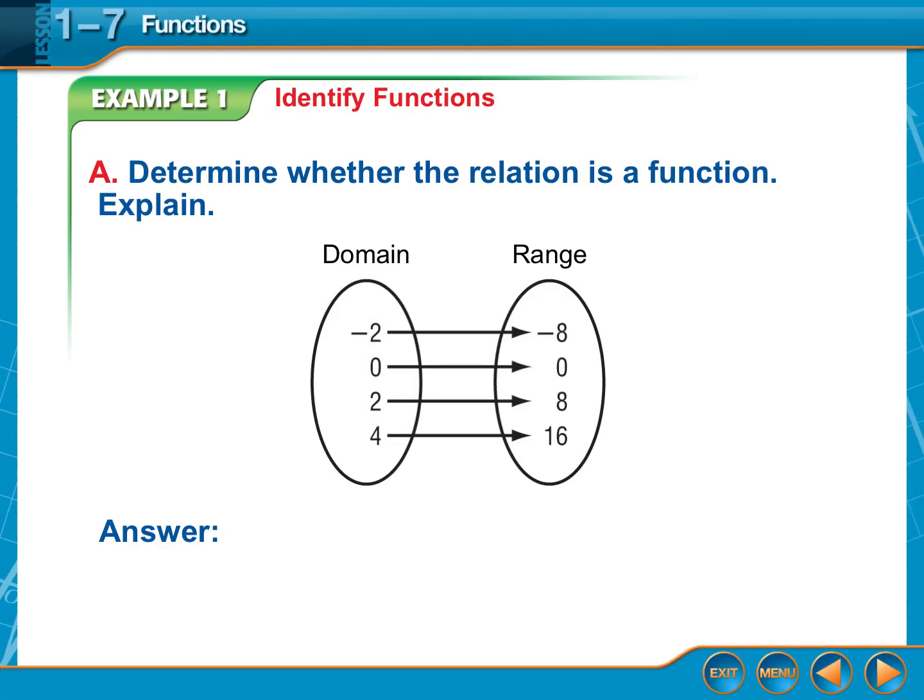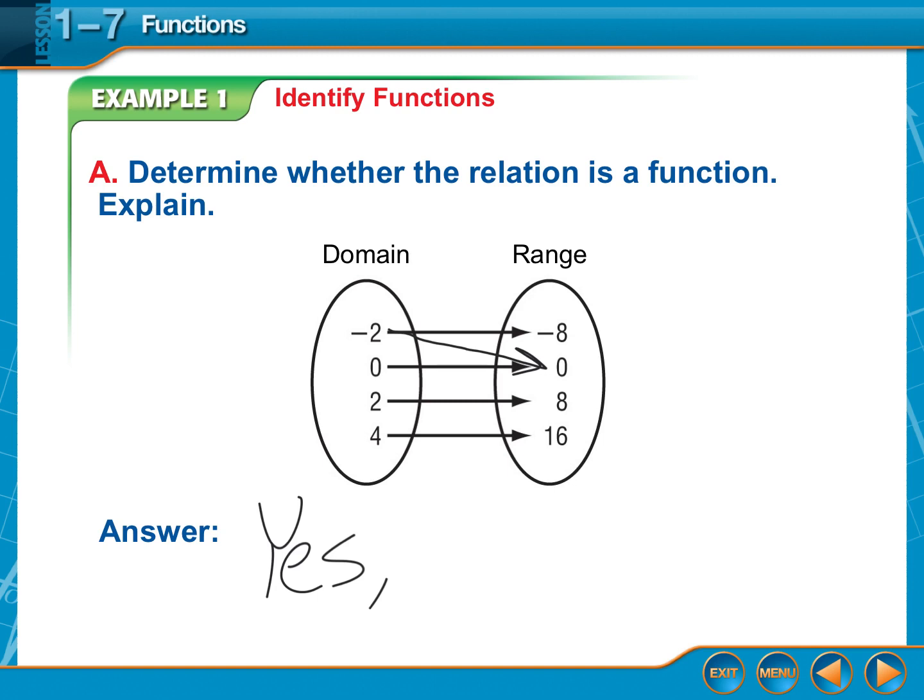So, here, determine whether the relation is a function and explain why. How do you know if it's a function? Each x only has one y. Is that true? Yes. And then each x only has one y. What if I did this? Beep. Why? One has more than one. Negative 2 has 2.